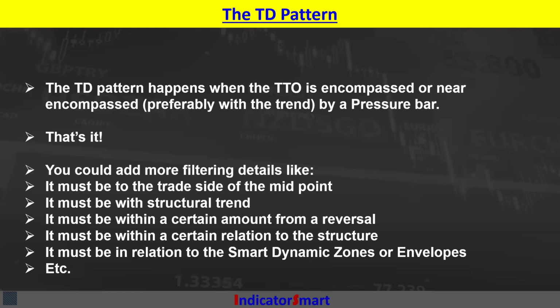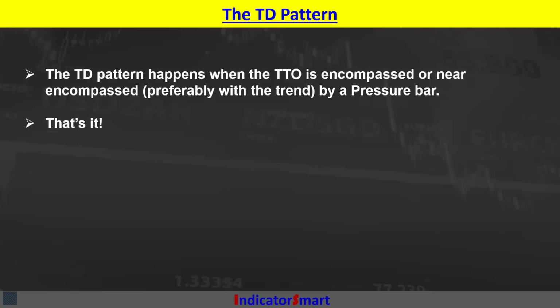You don't want to wait for 14 continuation bars before you take one of these patterns necessarily. It must be within a certain relationship to the market structure. It must be in relation to the smart dynamic zones or envelopes. In fact, a lot of times I'll use that as a triggering method for this kind of analysis. However, that will be beyond the scope of this particular video.